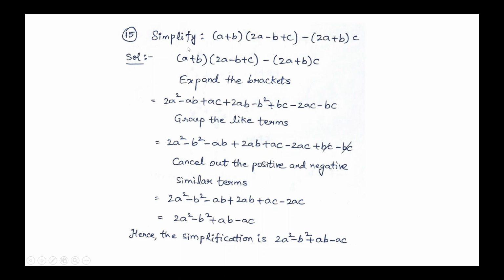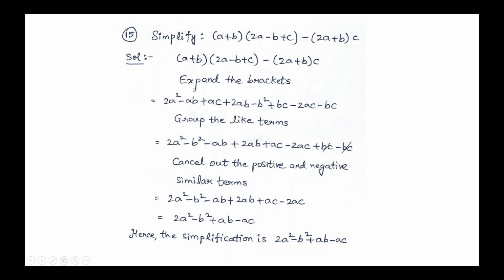The 15th question is, simplify (a + b)(2a − b + c) − (2a + b)c. The solution is, we have to simplify (a + b)(2a − b + c) − (2a + b)c.